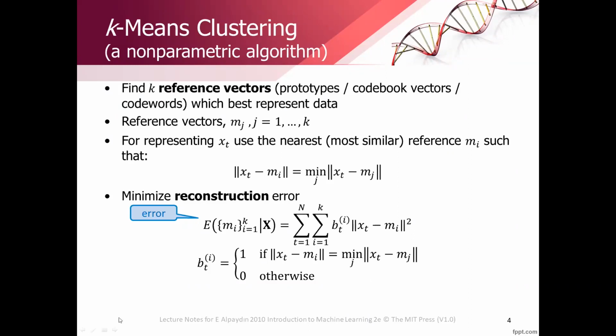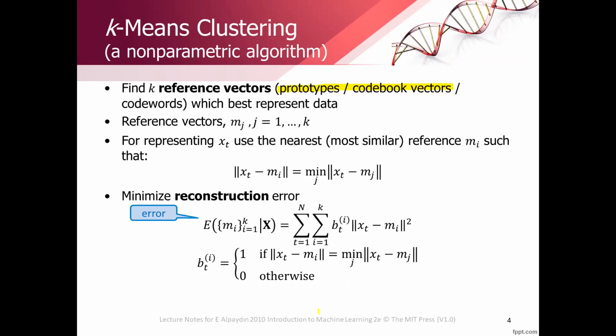Sometimes they are called prototypes or code book vectors, code words, and so on. The goal is to find such representatives that the difference between the actual observations and the closest representative is minimal.